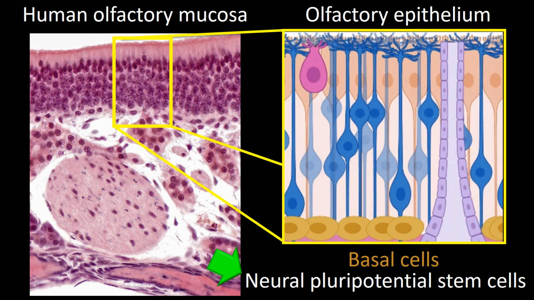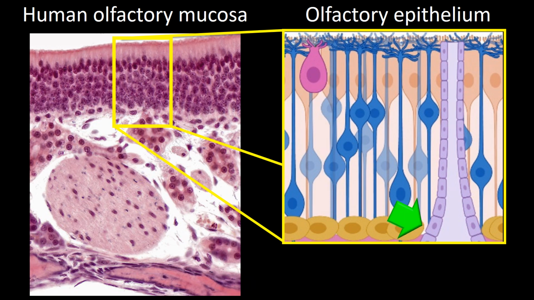They have the lifelong capacity to generate olfactory receptor neurons, microvillar cells, and sustentacular cells. In the illustration, the structure just indicated, looking like a chimney, corresponds to a Bowman's gland. You can get a glimpse of one in the specimen, as indicated by the arrow.